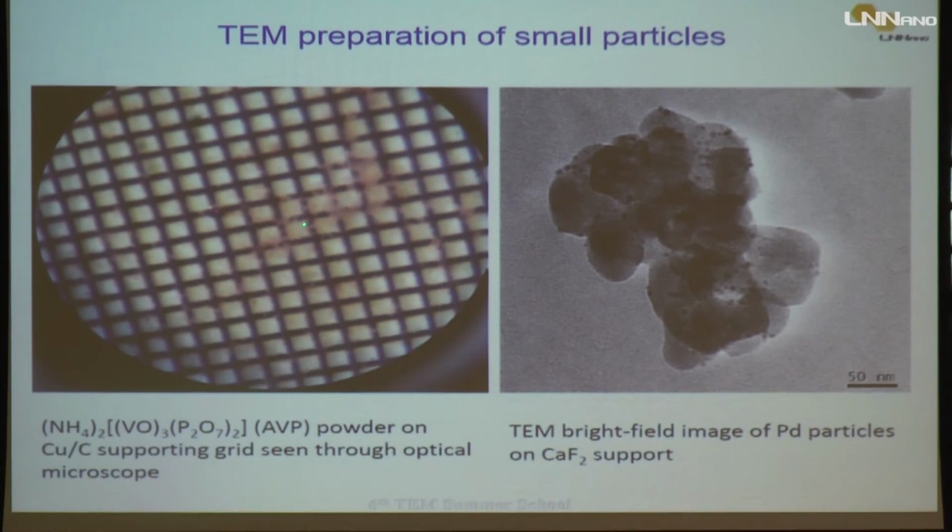Here you can see, not as good, but you can see some powder here on the grid. This is an optical microscope image of particles on a grid. Okay, they are resting there. It's not the same sample, but when you go to the TEM, you can see the particles directly.